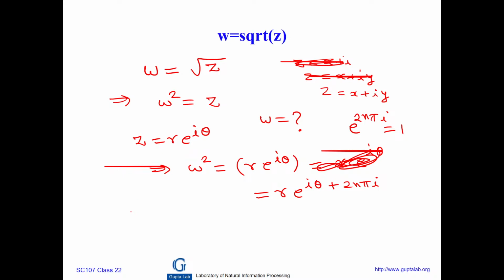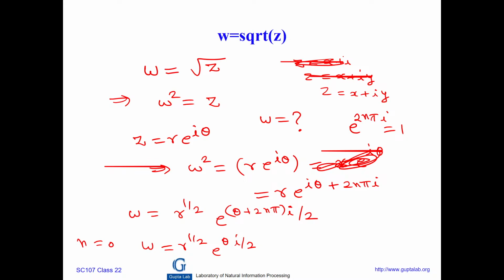So then w will be r raised to power half into e raised to power i times theta plus 2n pi, divided by 2. Correct? What is small n? n is an integer, right? So you can start with, say, n is equal to 0. You get one value of w. So n is equal to 0 will give you w is equal to r raised to power half e raised to power i theta by 2, right?